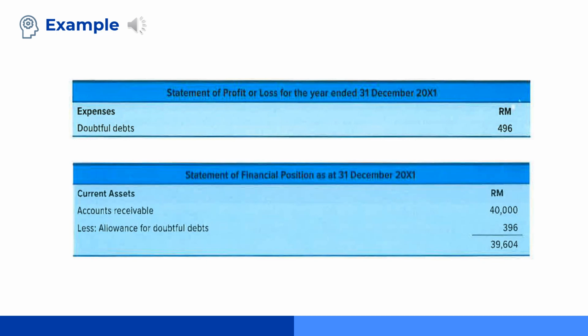Therefore, the doubtful debts will be treated as an expense of 496 in the statement of profit or loss, and then the balance CD 396 will be treated as a contra account in the statement of financial position to be deducted from account receivable 40,000.